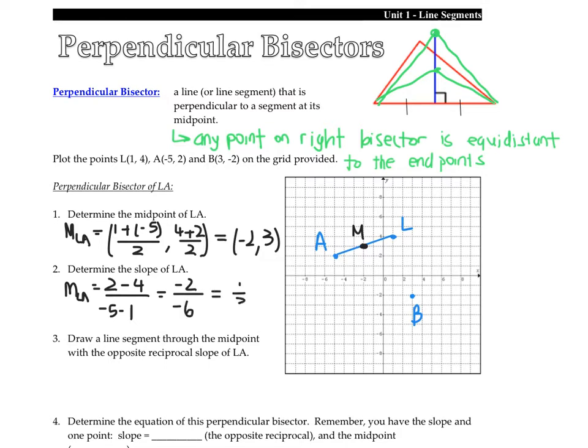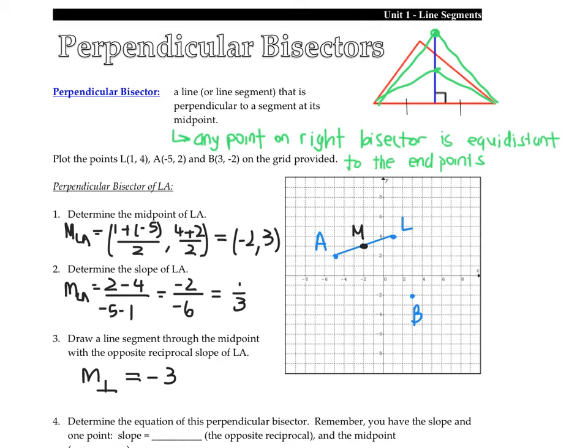Simplify it to make your life easier. So the slope of LA is 1/3. Now we're going to need that negative reciprocal or opposite reciprocal, and the notation I'm going to use is that little right angle right there. And the negative reciprocal of 1/3 is -3. So I know my perpendicular bisector is going to have a slope of -3.